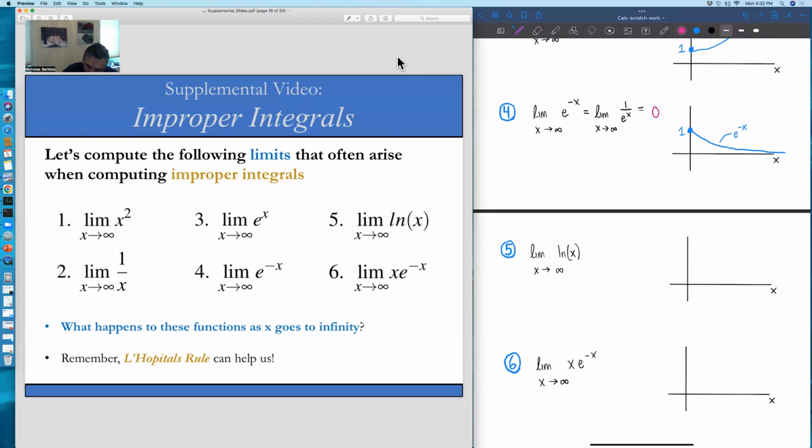Moving on, let's now look at the limit of the natural log of x as x goes to infinity. There are a couple things for us to picture for this natural log function. We know when x equals 1, the natural log takes on a value of 0, and then it grows very, very slowly after that. It does grow slowly, but in particular, it grows slowly towards positive infinity.